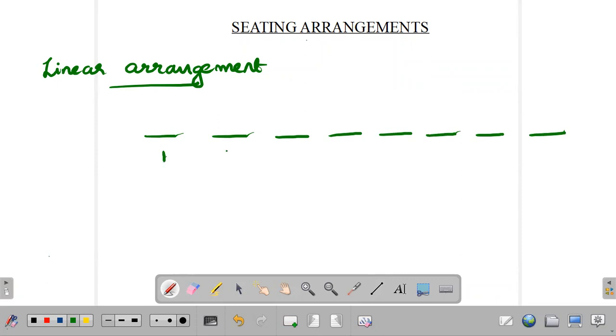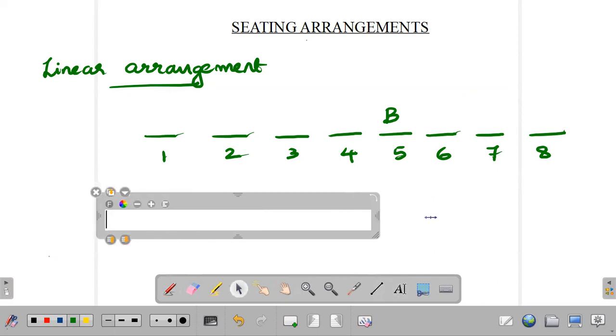There are altogether 8 seats. I am placing one person by name B, and B is seated in seat number 5.